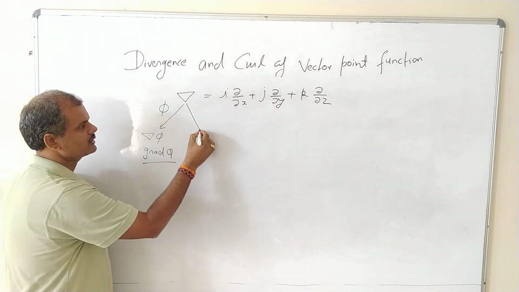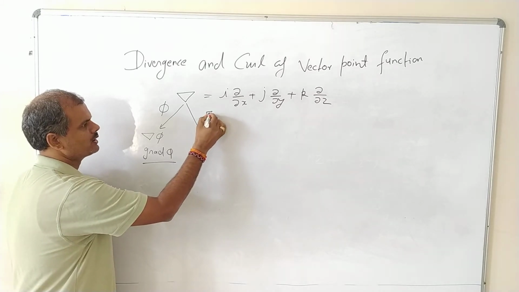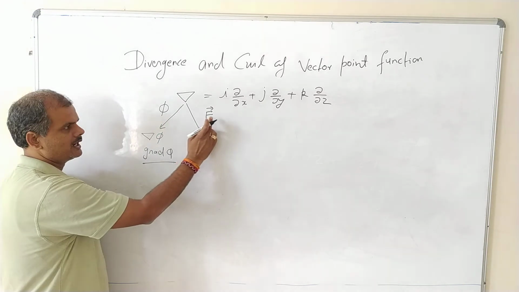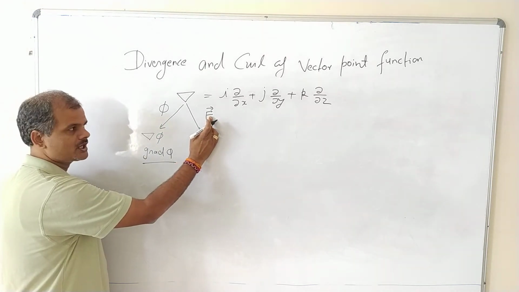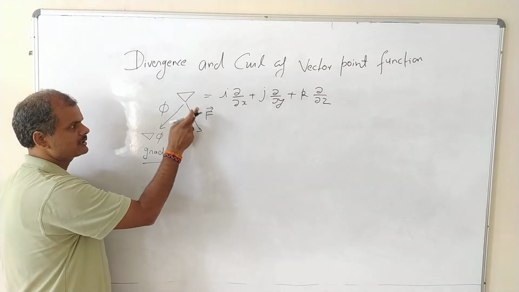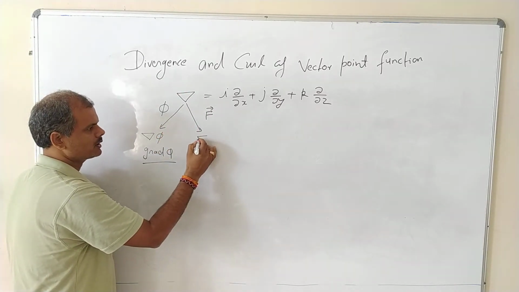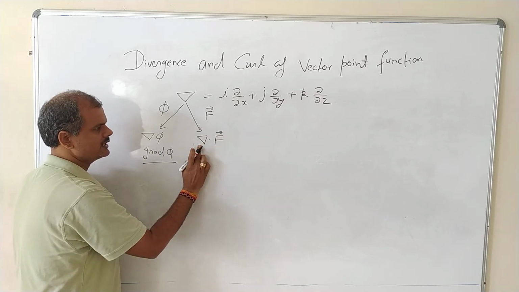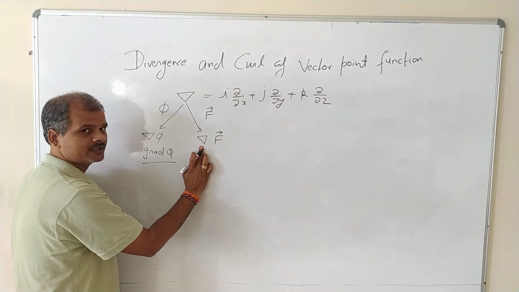And if you have a vector point function, suppose f, then if you take the dot product with this del, so del dot f, del is a vector, f is a vector, so we get the dot product.